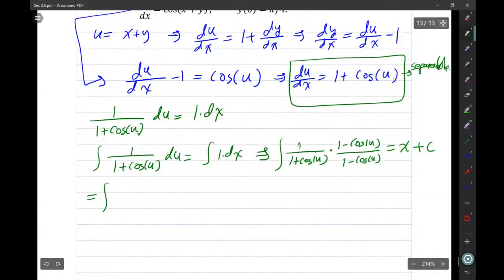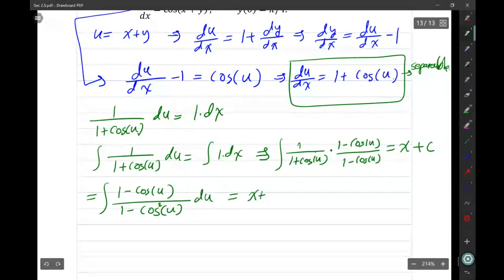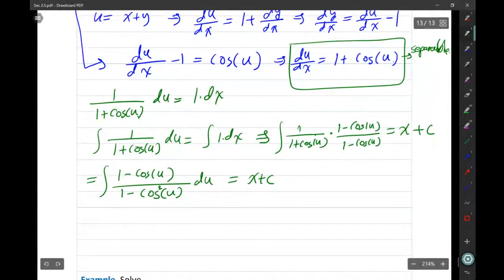Now to integrate the left hand side, it becomes the integral of 1 minus cosine u divided by 1 minus cosine square u. Here the denominator, 1 minus cosine square, is sine square. The du is equal to x plus c.